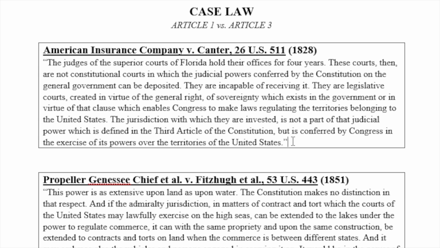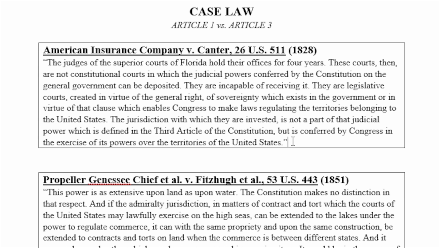They are legislative courts, created in virtue of a general right of sovereignty which exists in the government, or in virtue of that clause which enables Congress to make laws regulating the territories belonging to the United States. The jurisdiction with which they are invested is not a part of the judicial power, which is defined in Article 3 of the Constitution, but is conferred or granted by Congress in the exercise of its powers under the territories of the United States.